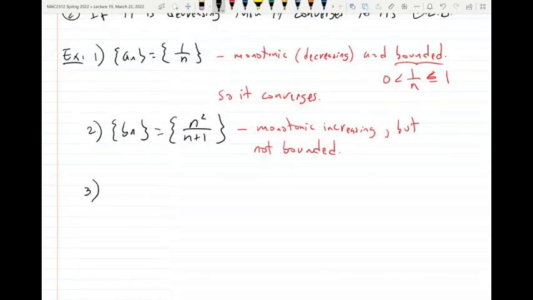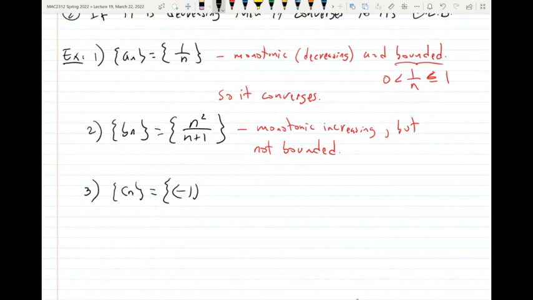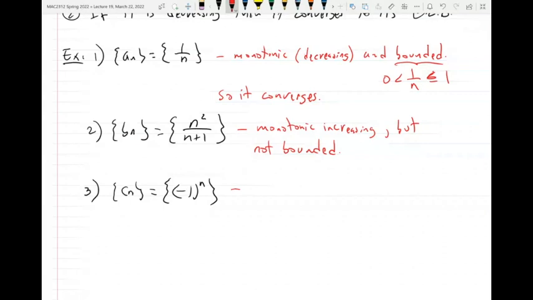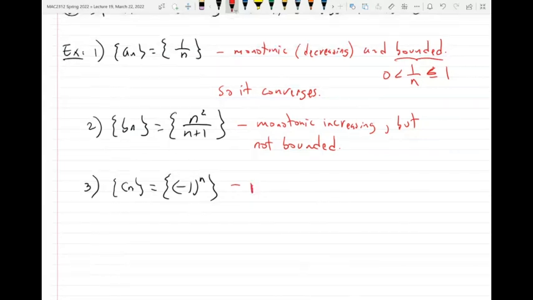And how about this silly sequence, the sequence (-1)^n? Is this sequence monotonic? No. It's not monotonic, because it's oscillating between 1, -1, 1, -1, like our 3 and 1 sequence. But it is bounded. But does it converge? No, it doesn't converge.